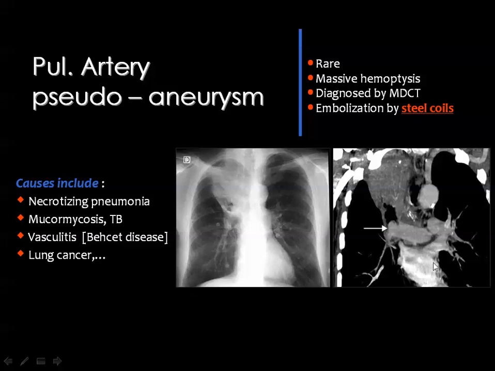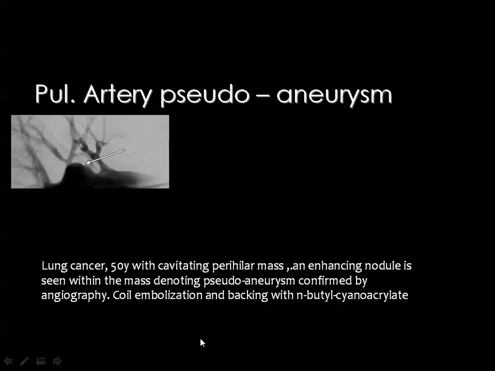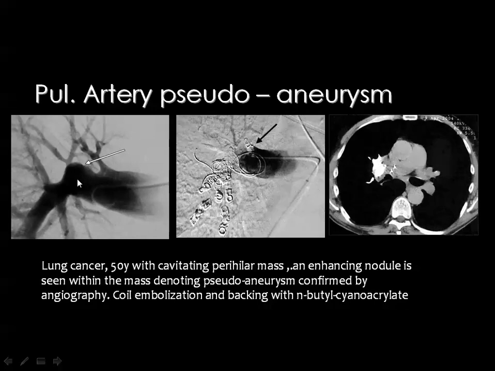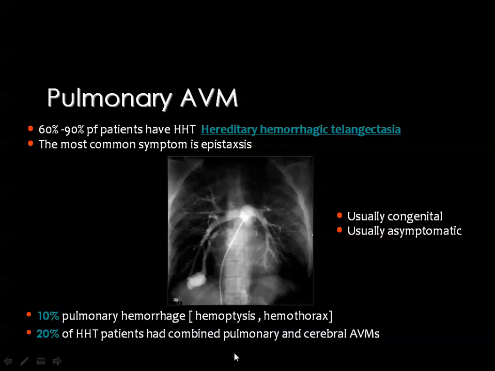The risk of major hemorrhage is great in such conditions, and we introduce a catheter to demarcate the site of the aneurysm, and then we put a lot of steel coils at the site of the aneurysm in the pulmonary artery to prevent the risk of bleeding.